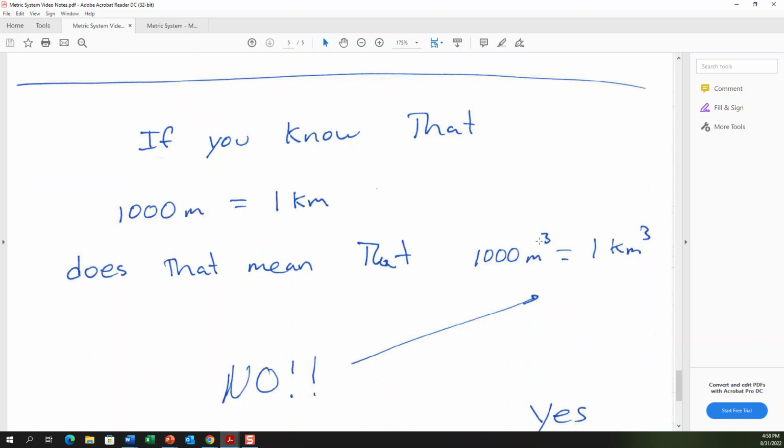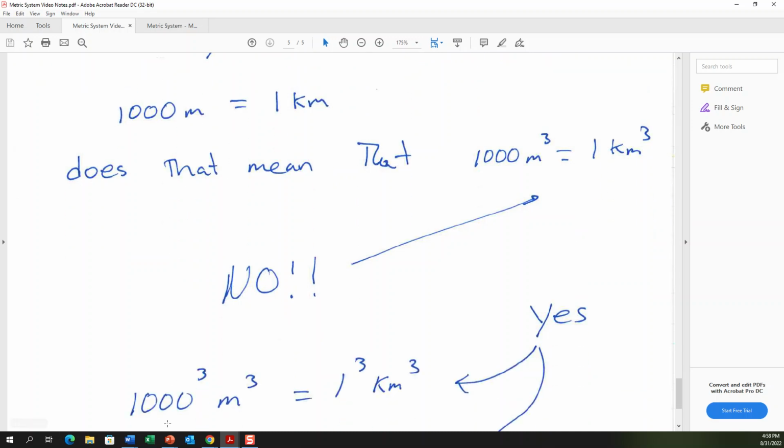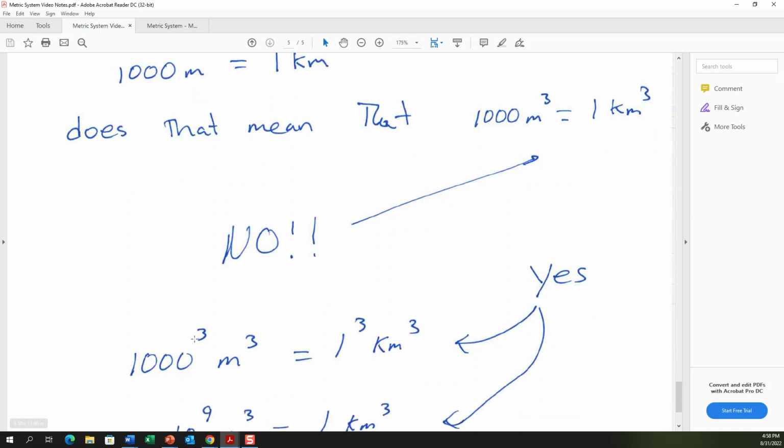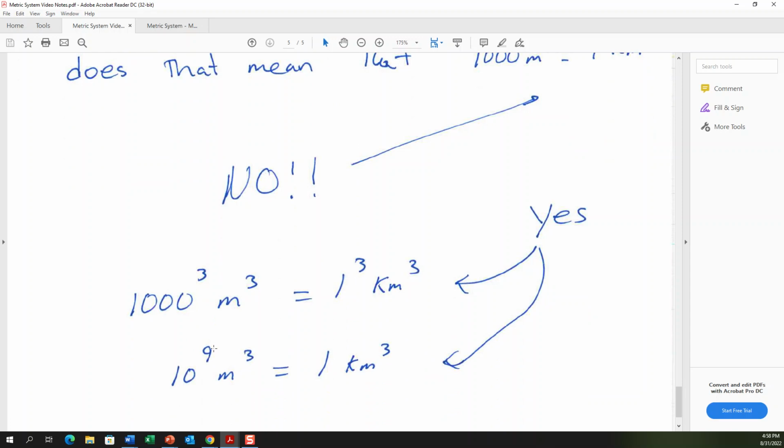But what happens if I cube the unit? If you cube the unit, you have to cube the number in the equality. So if you know this, you don't know this, what you're supposed to take from that is this. So if 1,000 meters equals 1 kilometer, then that means 1,000 cubed meters cubed equals 1 cubed kilometers cubed. Now 1 cubed is just 1, but 1,000 cubed is 10 to the 9th.